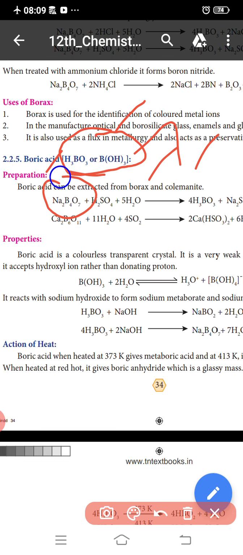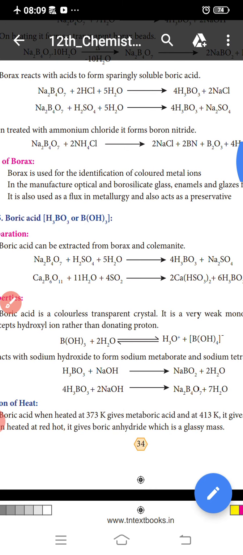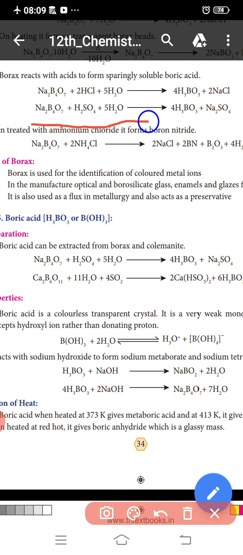This is the same reaction as in the properties of borax, and the same as the preparation of boric acid: Na2B4O7 with H2SO4, sulfuric acid, reacts with five molecules of water to give boric acid and sodium sulfate.